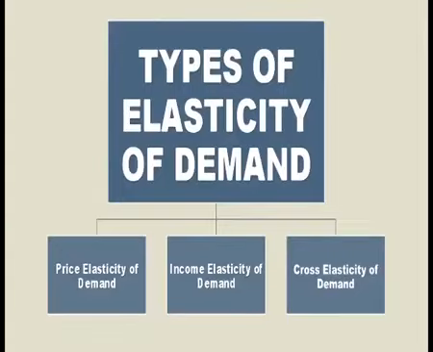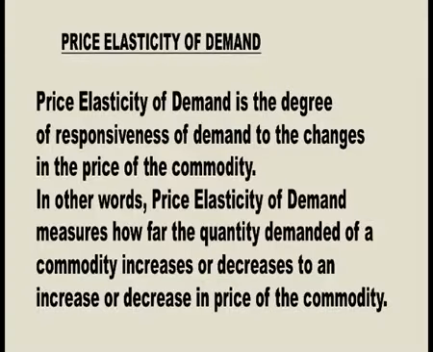Once more, we can see the types of elasticity of demand. According to the factors affecting the demand for a commodity, we have three types of elasticity of demand: price elasticity of demand, income elasticity of demand, and cross elasticity of demand. What are they? First of all, price elasticity of demand. What is price elasticity of demand?